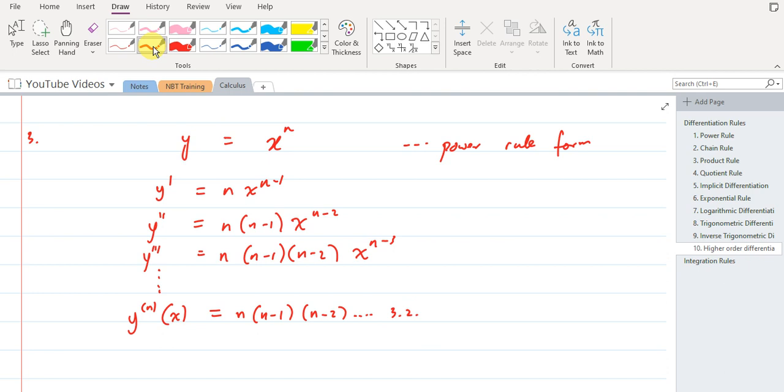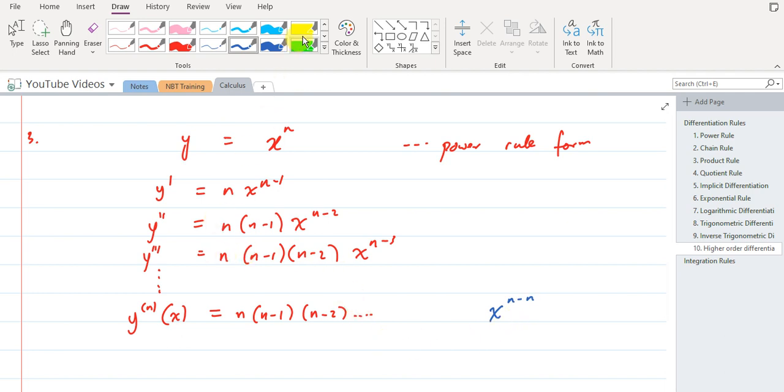So what we're going to have here now, if we're going to put an n there, n minus n will just be x to the power 0. When you're finding the second derivative, it is n minus 2. So it should be x to the power n minus n, which is just 0 there.